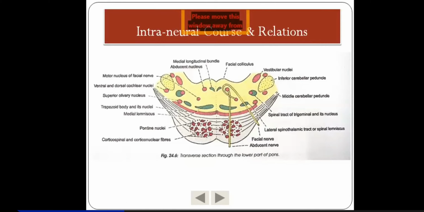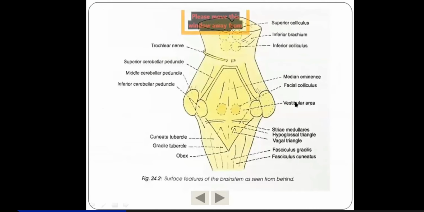Remember, in the case of the trigeminal nerve, the main sensory division was placed laterally, while the motor division emerged separately, medial to it. Similarly here, the sensory component of the facial nerve will arise separately, lateral to the facial nerve. Okay. Then this is the dorsal aspect of the brain stem with the diamond shaped fourth ventricle.